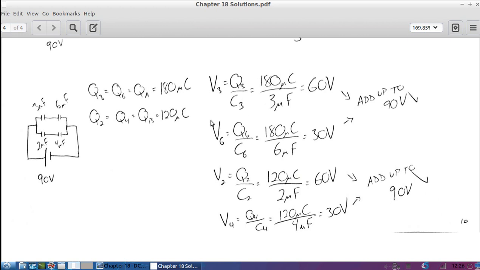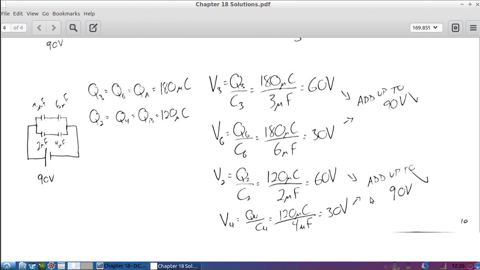I'm going to do the same thing with the 2 and the 4. I've got Q2 over C2. I'm using 120 microcoulombs divided by its capacitance, 2 microfarads. I get 60 volts. Voltage across the 4 is Q4 over C4. 120 microcoulombs over 4 microfarads is 30 volts. So we might be seeing a relationship here, the proportions between capacitance and their respective voltages.